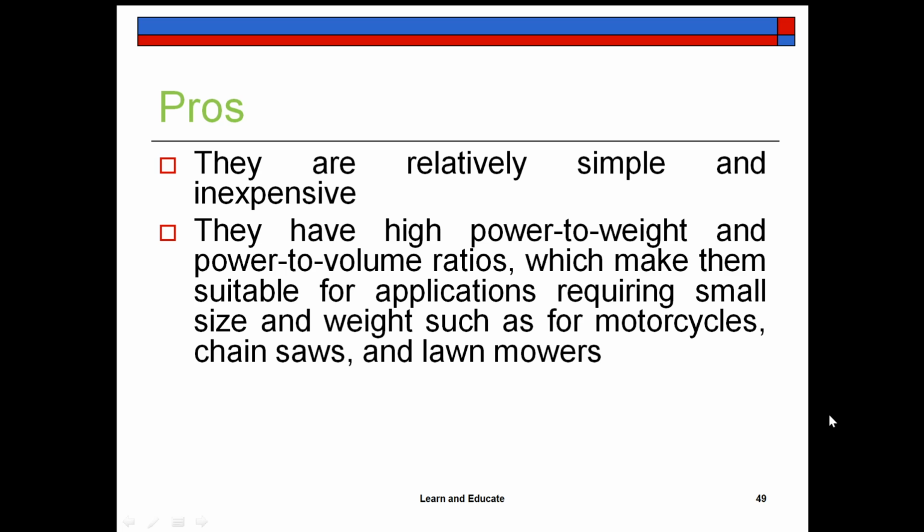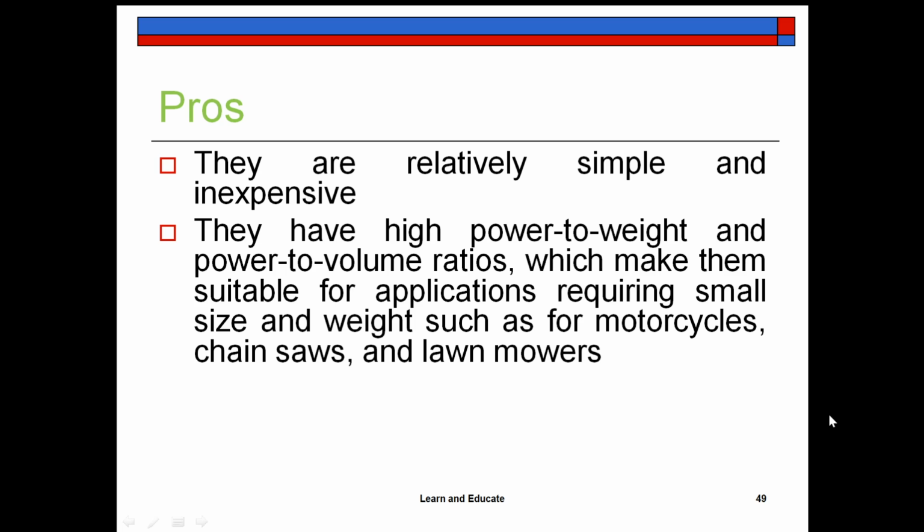There is no overhead camshaft or valve mechanism required. Simply the openings on the side walls, that is the intake, exhaust and transfer ports, are sufficient. So the maintenance as well as construction are very simple, and the initial expense is also very low. They have very high power to weight and power to volume ratios.